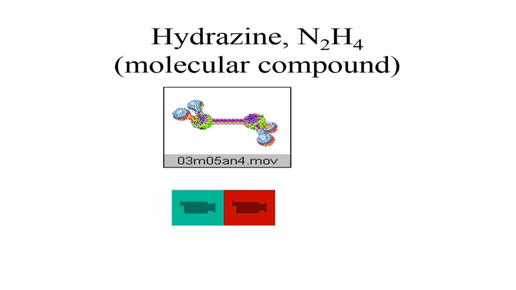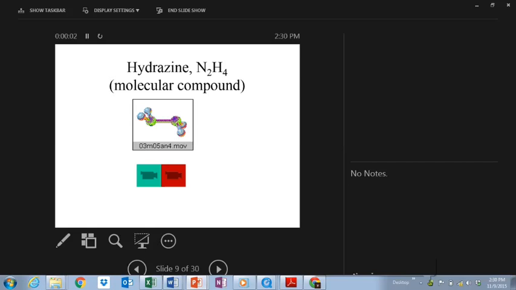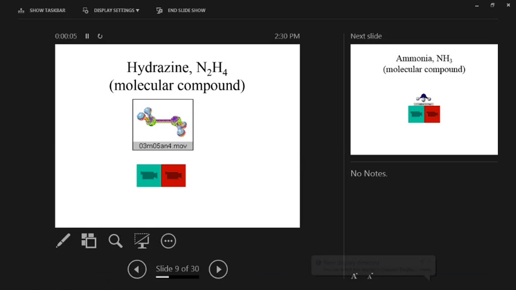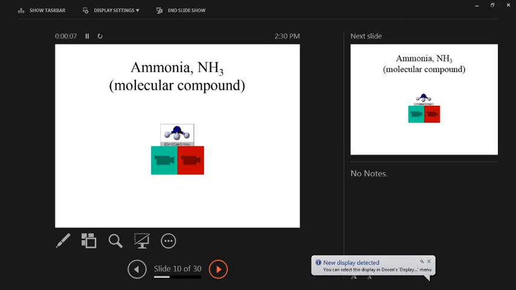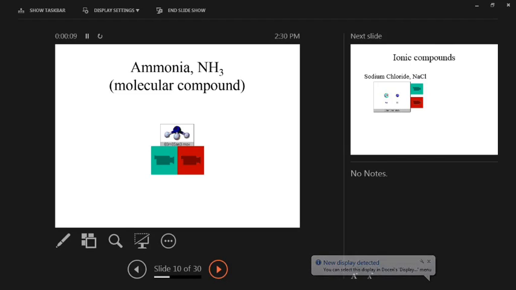So I have a little video, not a lot to it. I know there's a smoother way to do this. And I'm not going to animate this next one. We said N2H4, and this is NH3.